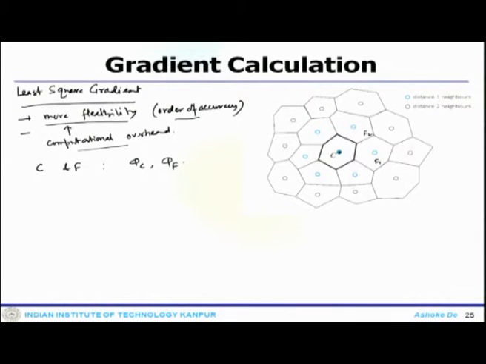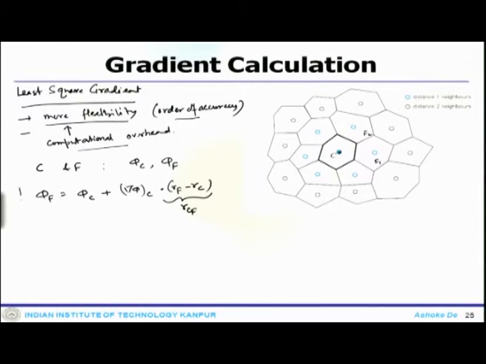So to calculate the gradient, this shows the schematic with the neighboring cells. Now, how do we obtain that phi F? Phi F is obtained using the value of phi C plus delta phi C dot RF minus RC, which is essentially the RCF.